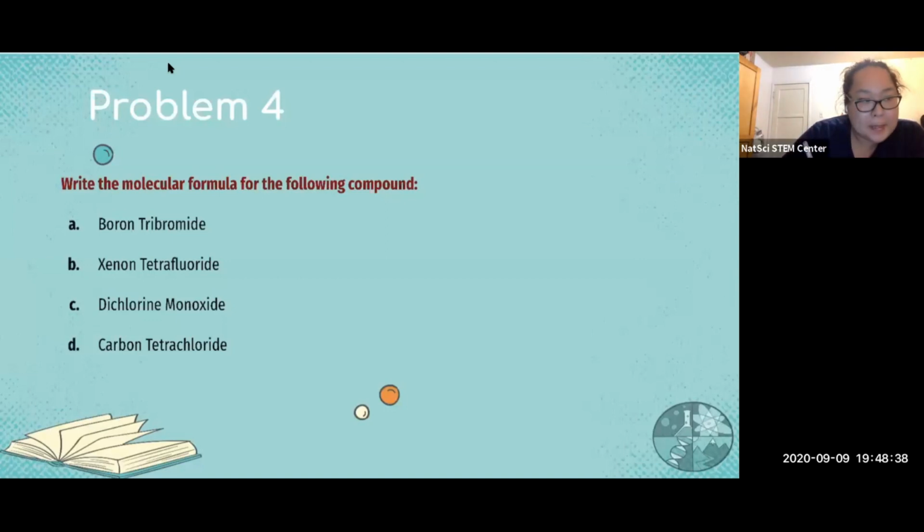I'm a little confused, but it's BR3. Yep, you're correct. This one we weren't doing anything to trick you. It's pretty straightforward because this is non-metal only names. So boron and bromine and there's 3 of them. So that's why it's tribromide.